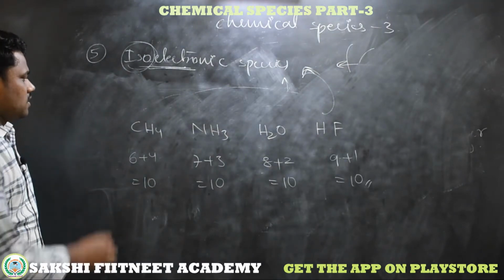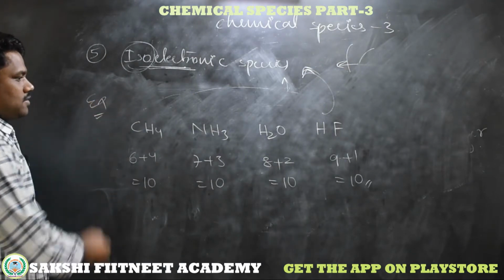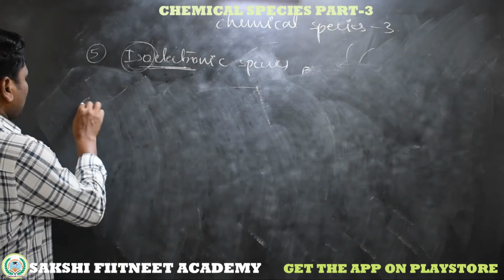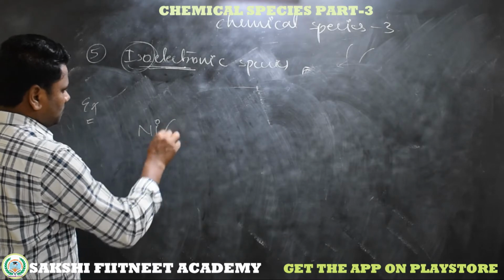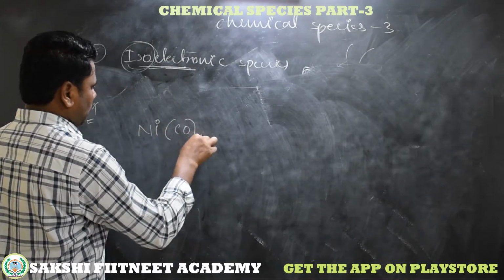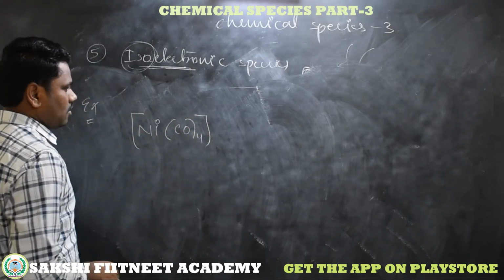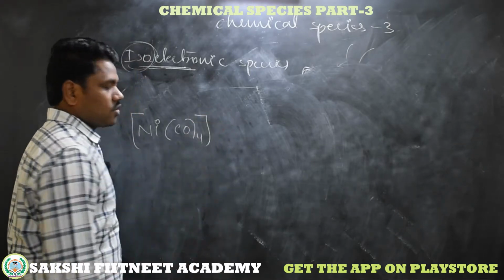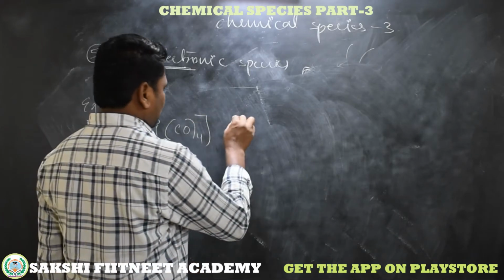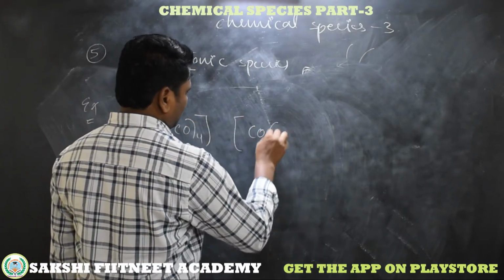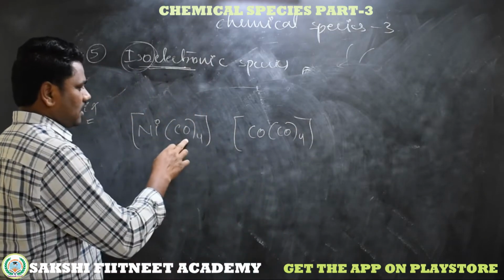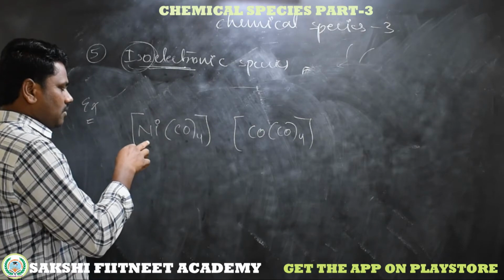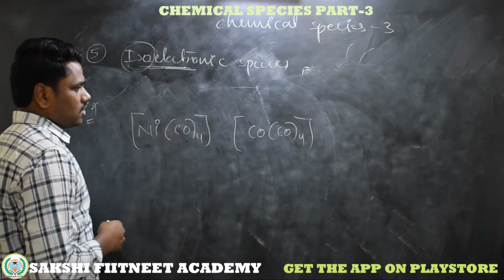These are also isoelectronic species. Here I am taking the next example: nickel with 4 carbonyl ligands. This is a coordination compound, with no charge on it. Next I am taking cobalt with 4 carbonyl ligands. These ligands bonded to the central metal atom form a coordination compound.